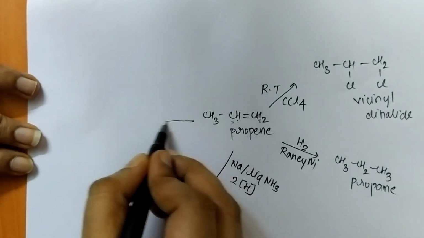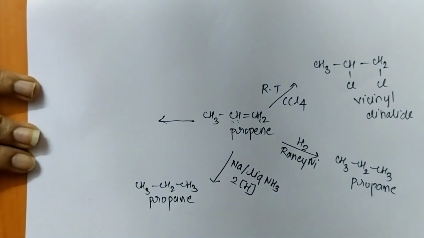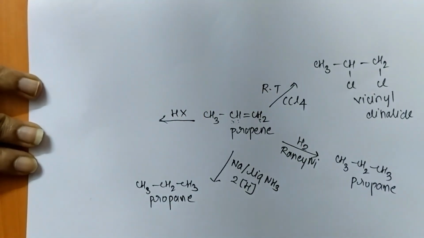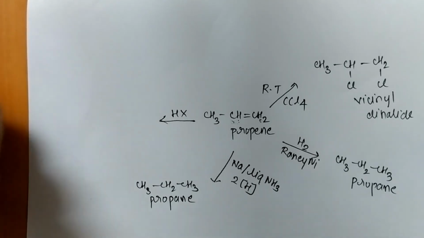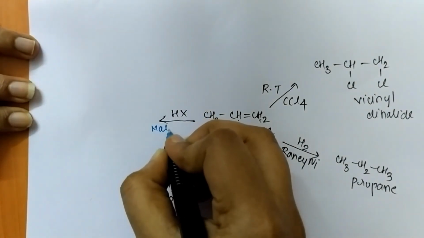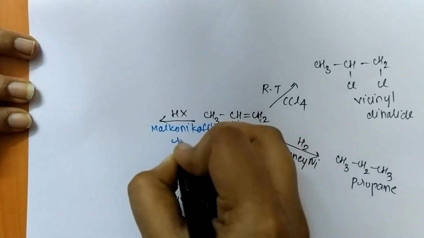Now our next reaction is the hydrohalogenation reaction. In this hydrohalogenation reaction, we definitely will involve a hydrogen halide. Now here we are going to use something called Markovnikov's rule. I again repeat, Markovnikov's rule.